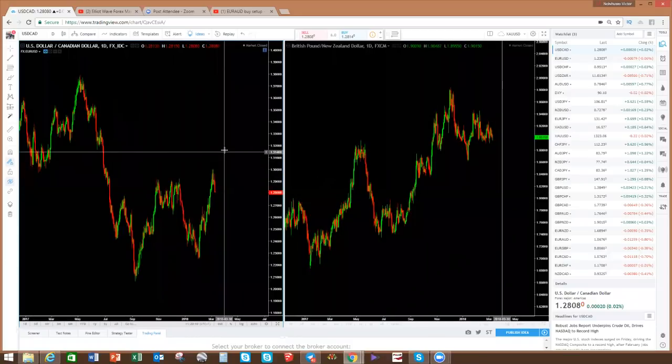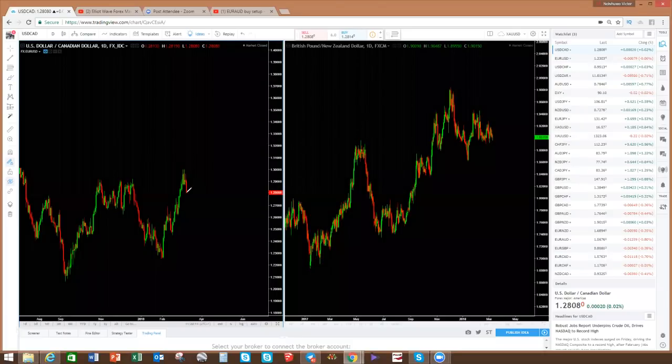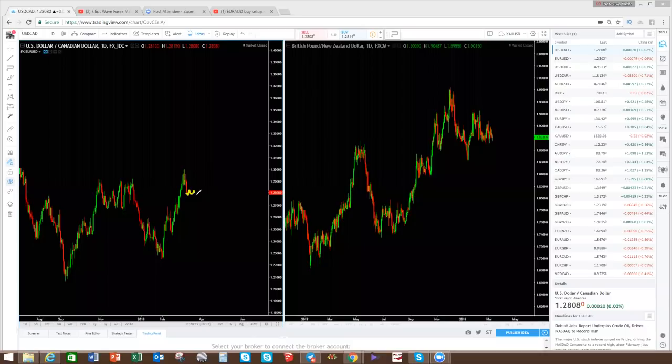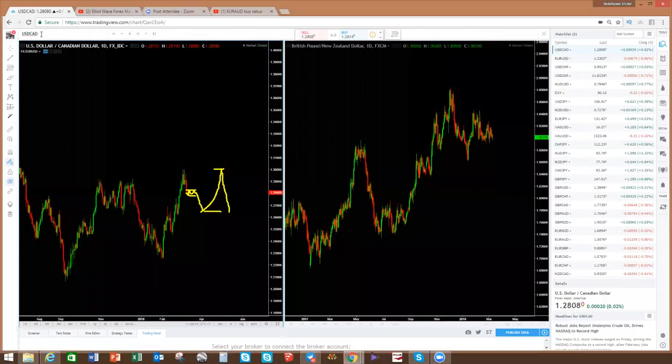You'll see the correlation between these two pairs, and how these two things can actually happen, where you find that this pair here, instead of going all the way down, actually comes back and retests here and gives you this structure while waiting for the other one.